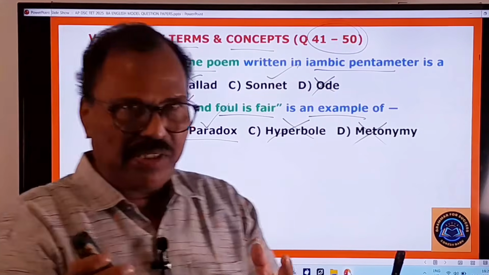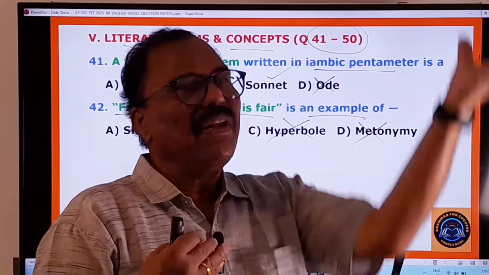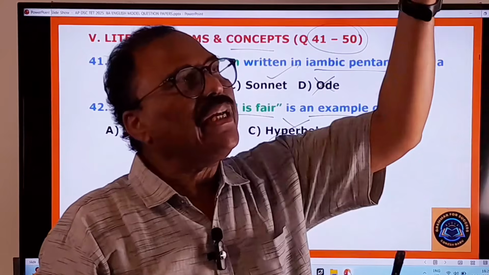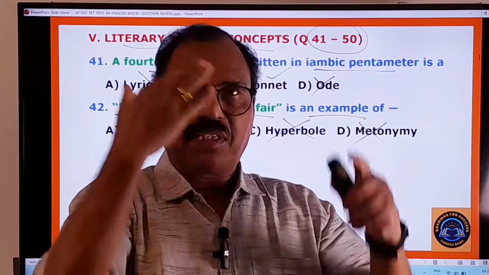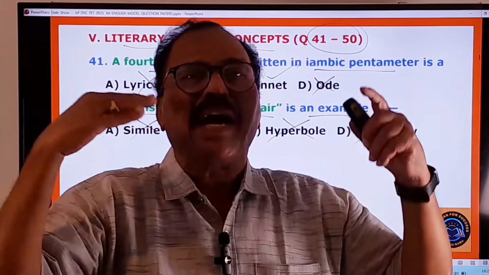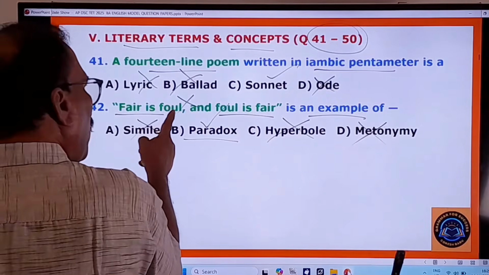For example, God has got a paradoxical nature. With one hand, he will create; with the other hand, he will destroy. So creating and destroying, these two contradictory qualities are in one being, that is God. Therefore, God's character is said to be paradoxical. So here, fair is foul, foul is fair.